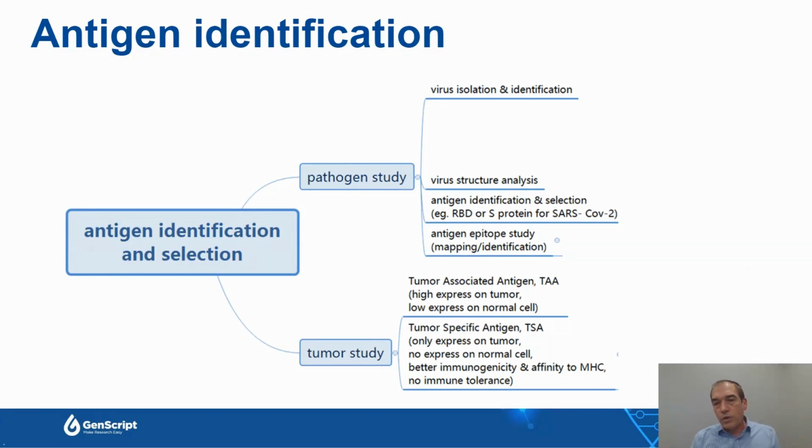For tumor studies, usually studies are focused on tumor-associated antigens. Those are usually highly expressed in a tumor and very low expressed in normal cells. Or tumor-specific antigens that are only highly expressed in the tumor. They're not expressed in normal cells at all. Tumor-specific antigens are usually the more efficient way because they come with fewer side effects.